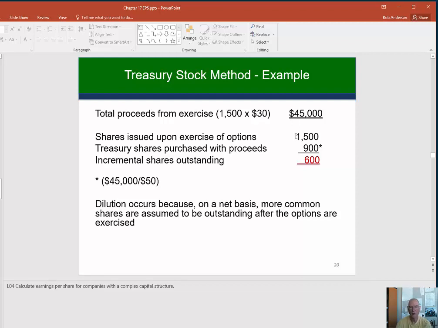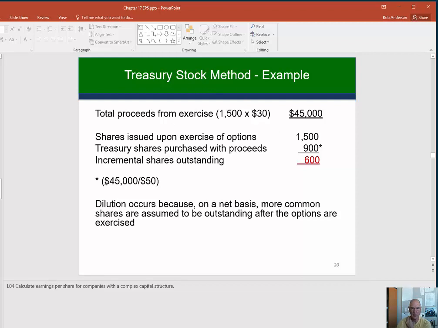There would therefore be 1,500 new shares issued. And the big question here is, how many shares could we have repurchased with the 45,000?